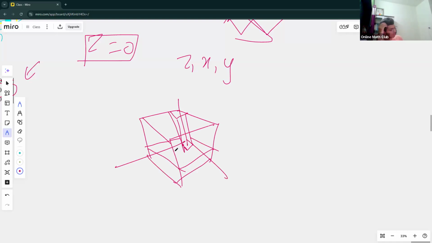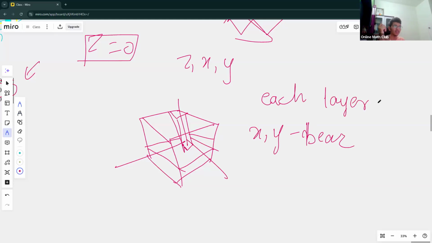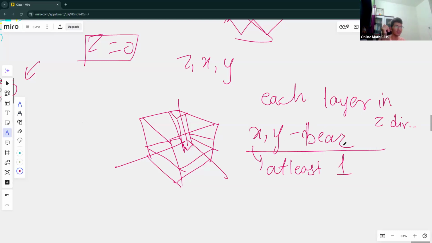What we need is to cover it. How do we formulate this argument? Okay, each of these Z floors, right, we need at least one type of X or Y beam. That's our claim. So for each layer in the Z direction, we need at least one X or Y beam.